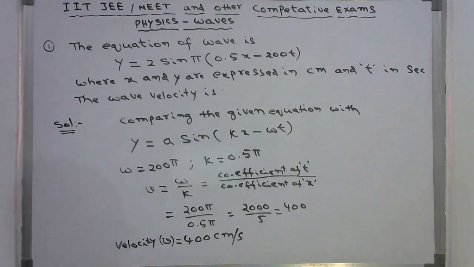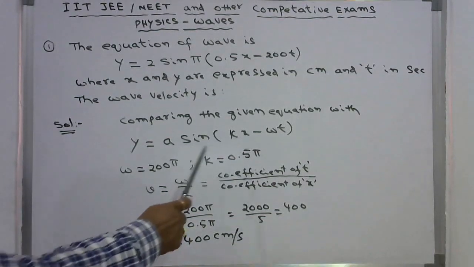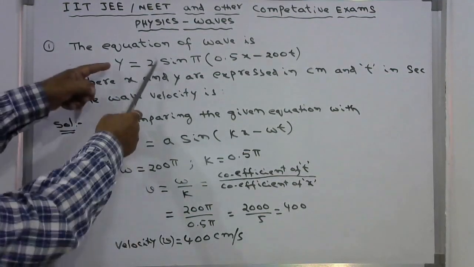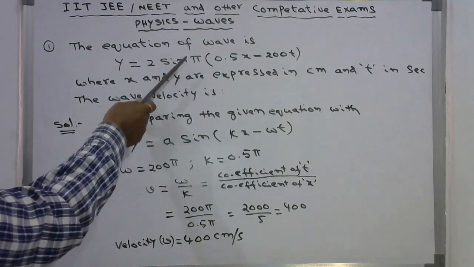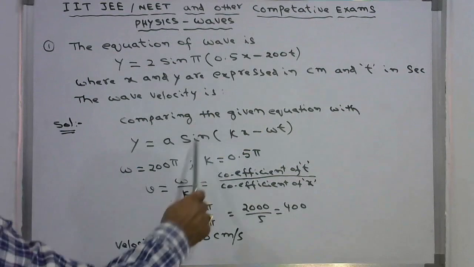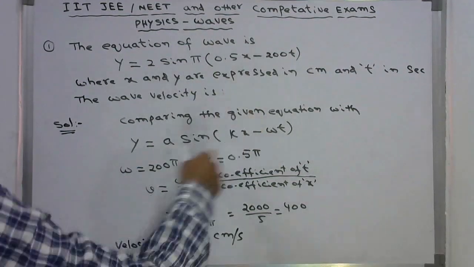So this is the standard equation y is equal to a sin (kx minus omega t). So y is equal to a sin (kx minus omega t) compared with this one. And in this equation, pi is not inside the parenthesis. So we have to send the pi into the parenthesis.